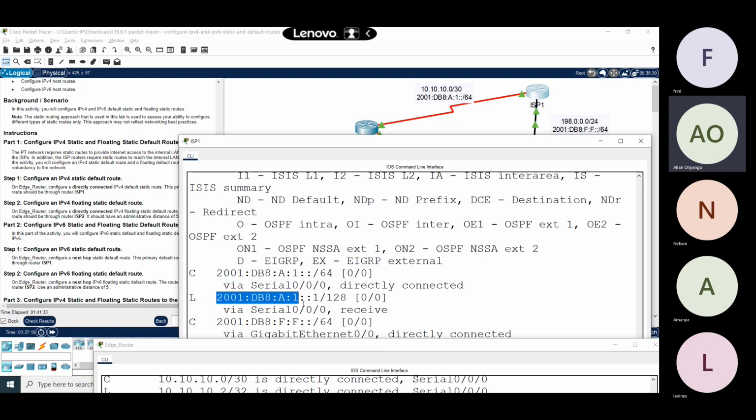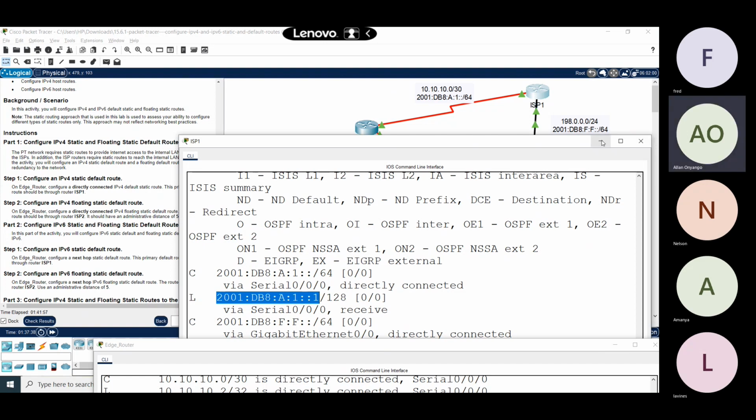This is the IPv6 address we need: 2001:db8:A:1::1. This is our next hop IPv6 address we're looking for. I can actually copy it, or I will just type it because I know the network address is here. I just need to add a 1 after the double colon without a subnet mask.